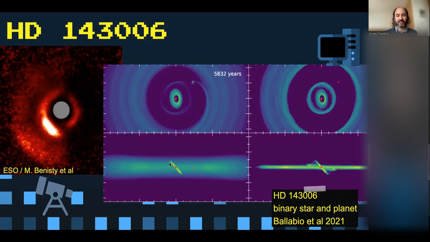An inner disk that follows the binary, an outer disk that is there probably just because of the initial conditions of the system, and the planet in between that separates both of them. And yeah, there are these spiral arms or streams that are more easily seen in the gas, not so much in the dust.